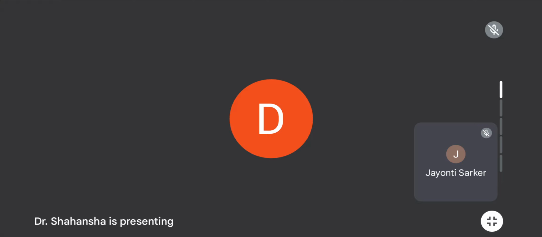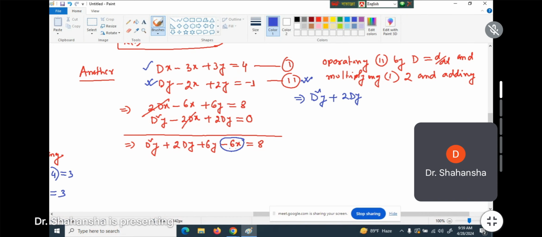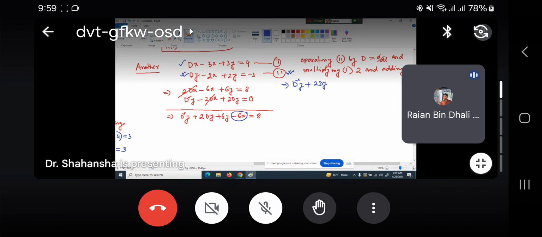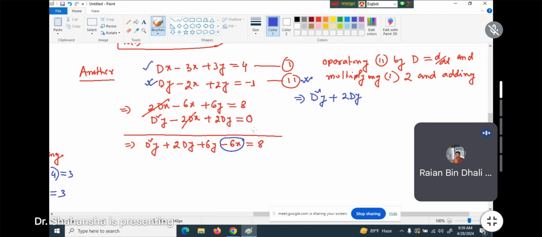Yes, sir. So we have to convert all the terms with respect to the differential operator. But here I have a question, my dear friends. Are you clear? If you put it from equation 1, the y will again be produced. Are you clear now?